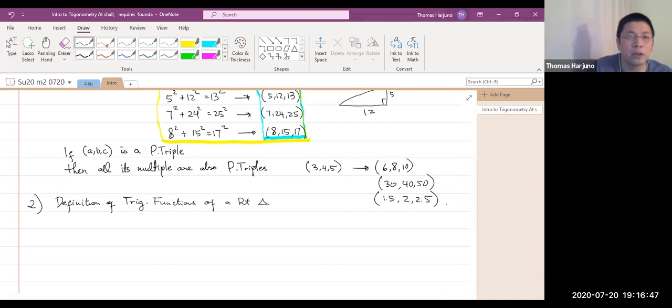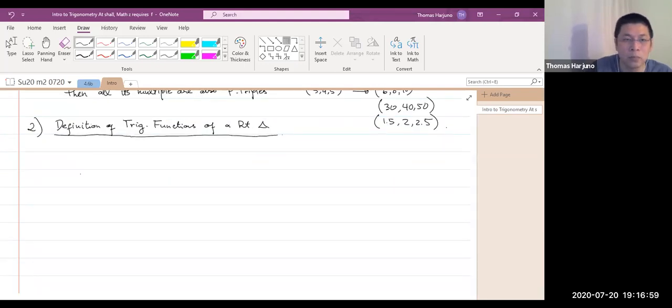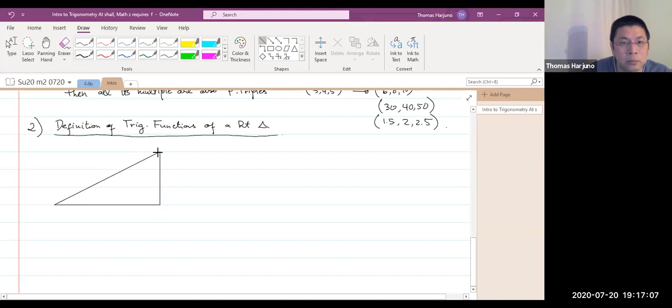Now, trigonometric functions actually apply not only for right triangles, but we will start from a right triangle situation. Suppose I have a right triangle here. Let's say the angle is this angle here, from this vertex. I call that angle theta, a Greek letter.